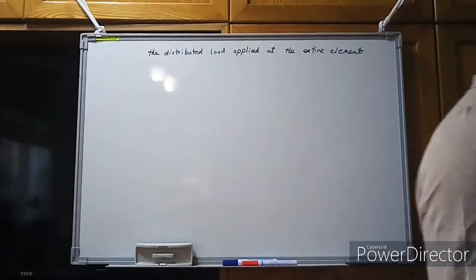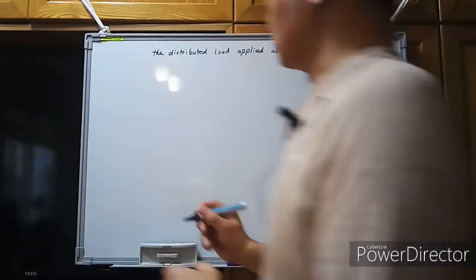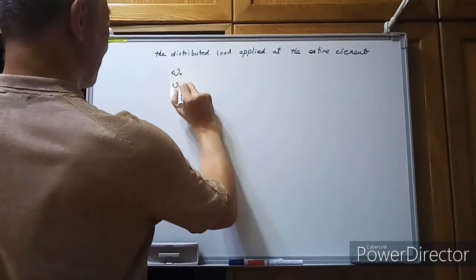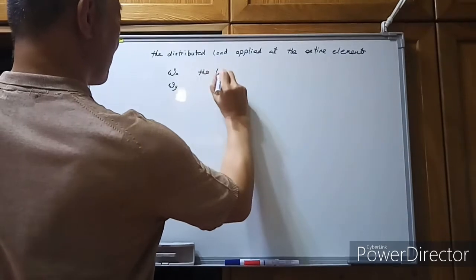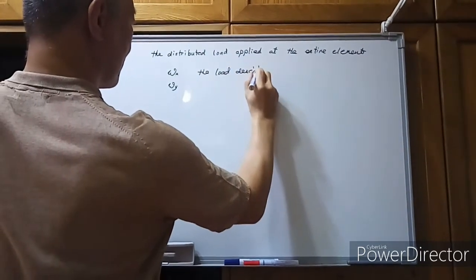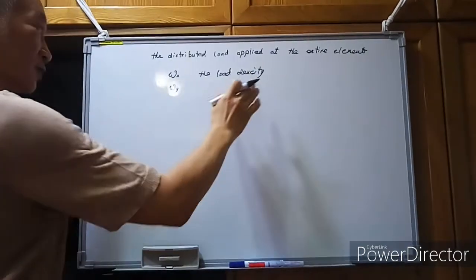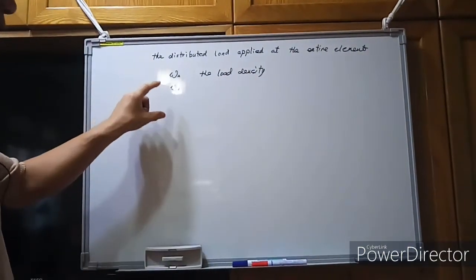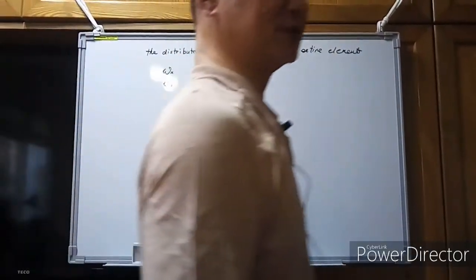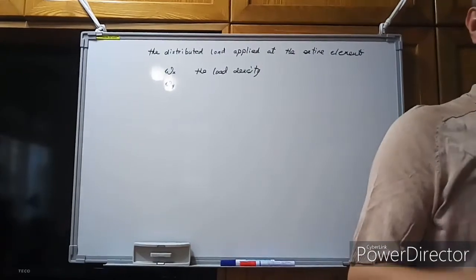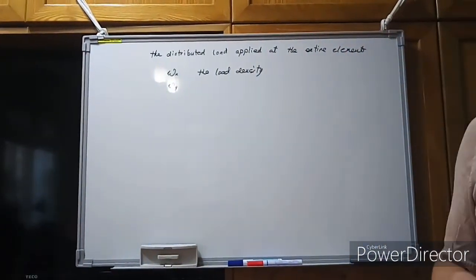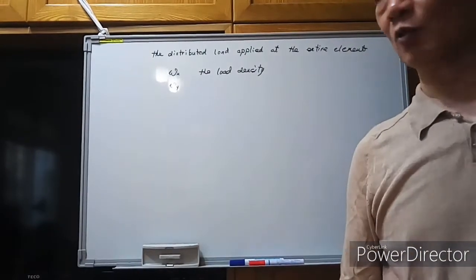And right now the load density, for the input load density Wx and the Wy. Again, the x and y represent the load directions. Wx is along the x direction, and Wy is along the y direction.